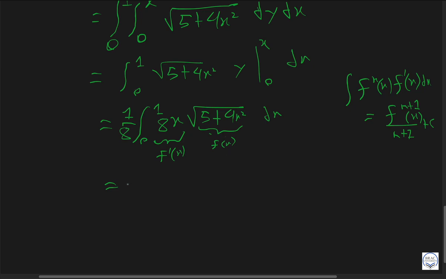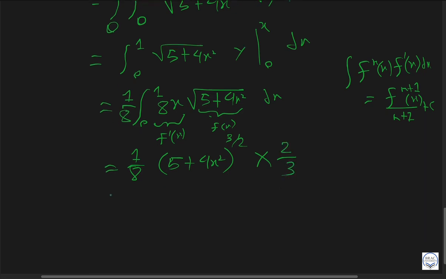So this is just 1 over 8 times, f has a square root, so it is to the power half, so we have 5 plus 4x squared. Half plus 1 is 3 over 2, and we also have to divide by 3 over 2. Dividing by 3 over 2 means multiplying by 2 over 3.